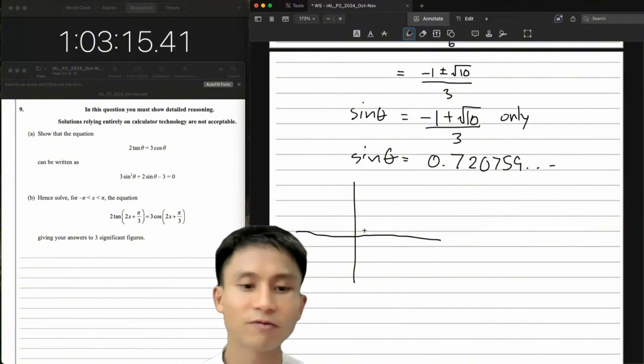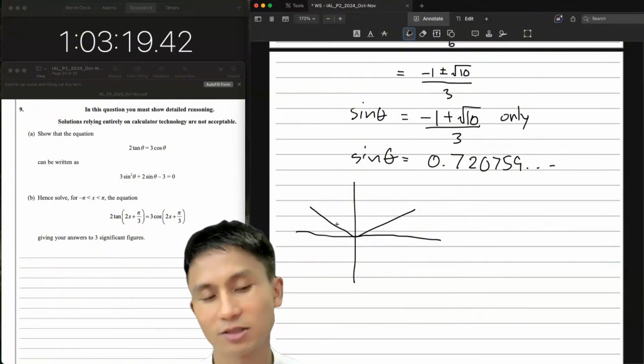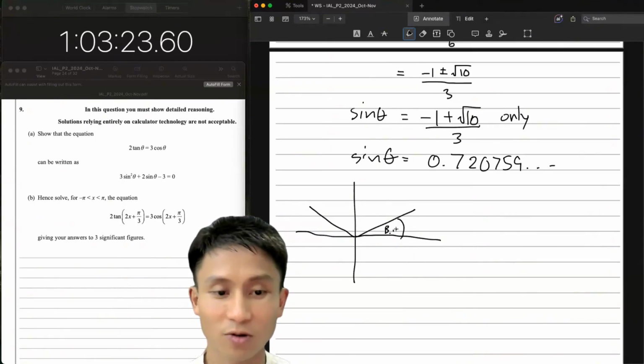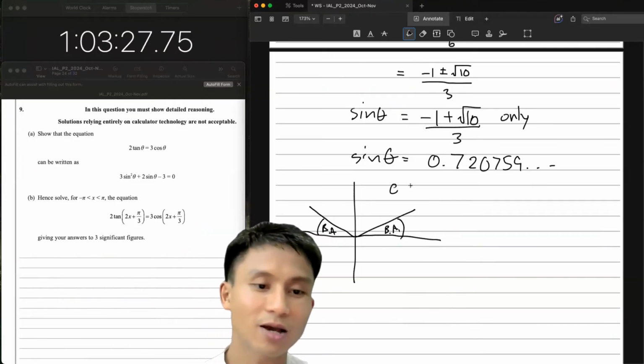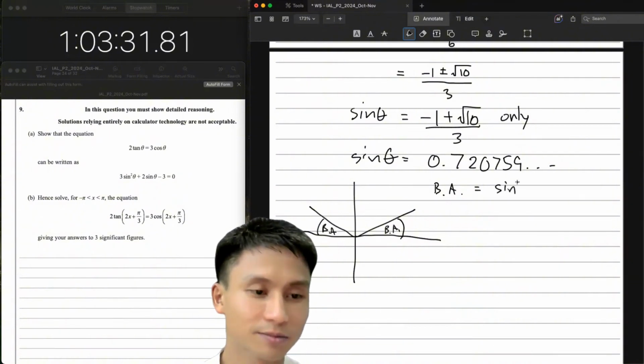Now we're going to solve the quadrants for this, looking at the CAST diagram. Because sine is a positive value, we are only looking at the first and the second quadrants. Okay, and that being the basic angle, I use this term all the time. The basic angle would be arcsine of that.